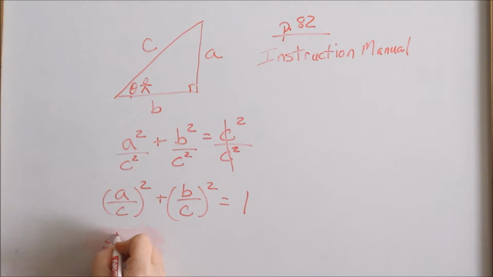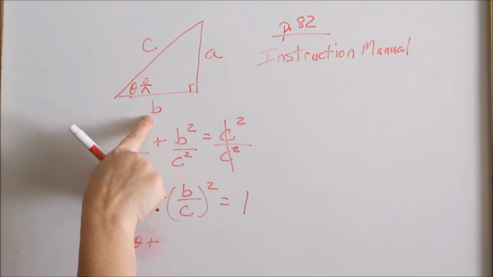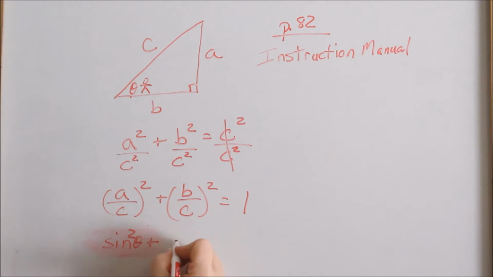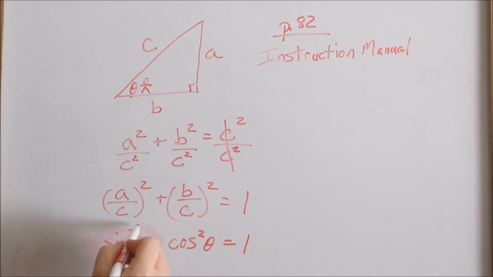So a over c is sine theta, and with the square, when we do a trig function squared, the exponent goes in between the trig function word and the angle. And then b over c, if you're standing at theta, b is the side adjacent to you, and c is the hypotenuse. Adjacent over hypotenuse is cosine, so cosine squared theta equals 1.